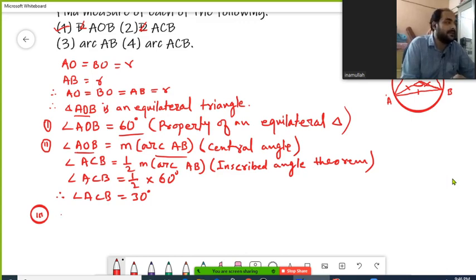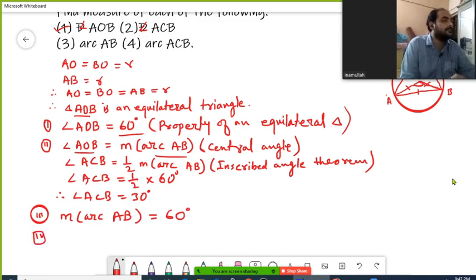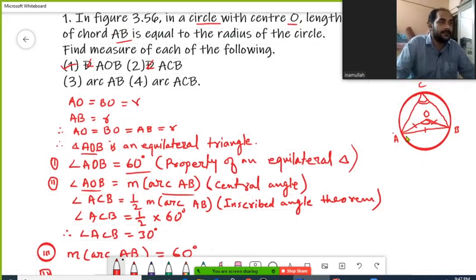So here we can say major arc AB is 60 degrees. And fourth question, arc ACB. So in this figure, this is your arc ACB, meaning other than arc AB.